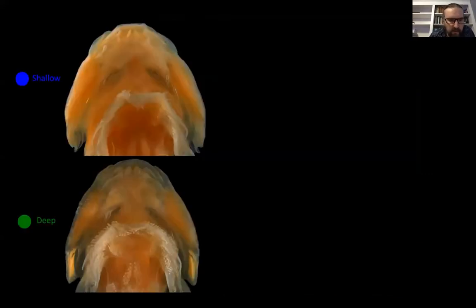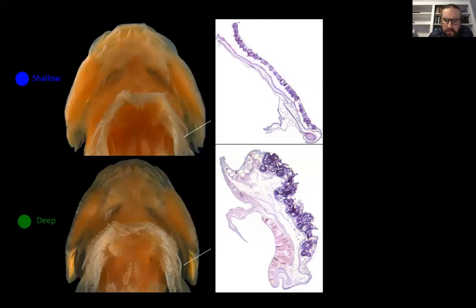It's not something you see every day. And I looked at it in more detail using histological sections. And what I noticed was this opaque patch of skin is actually a cluster of very large cells with very large vacuoles.